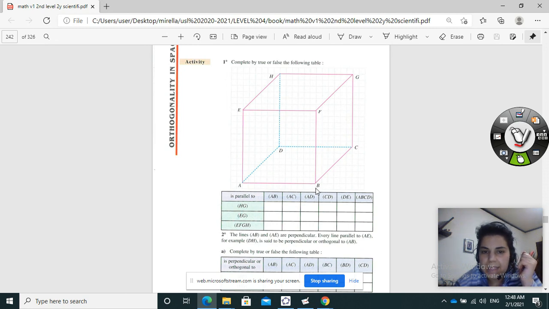BF and CD are certainly not perpendicular, but if you translate BF it can be CG, and CG and CD are perpendicular. So I will say BF and CD are orthogonal, because if I move them like this, BF and CD, and translate it, it will make a 90 degree angle, but since they don't meet we say orthogonal.